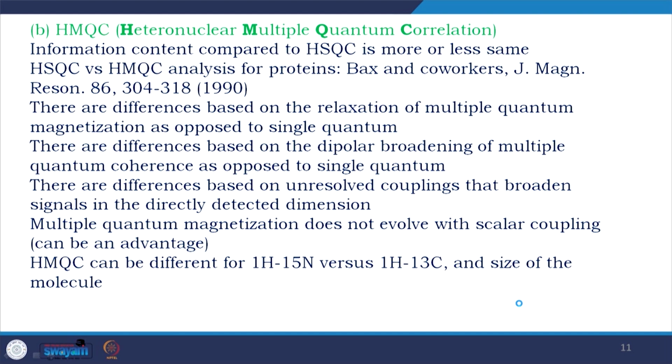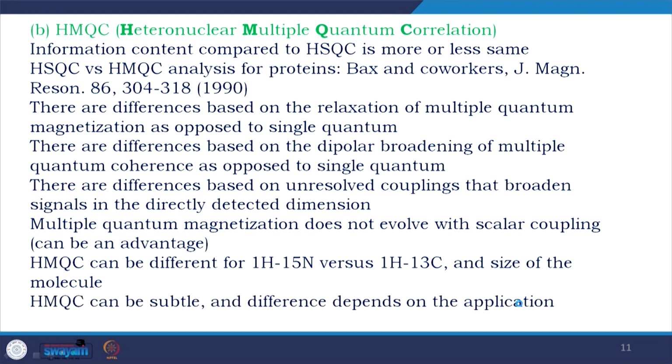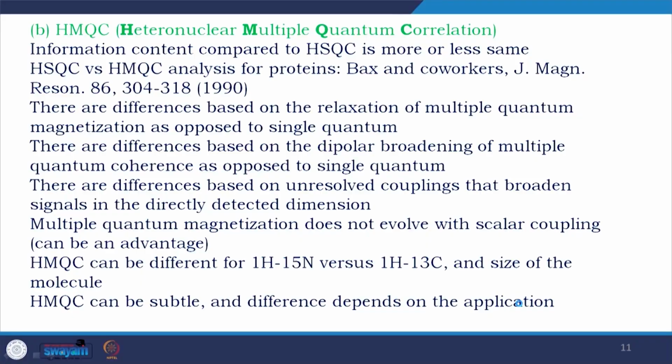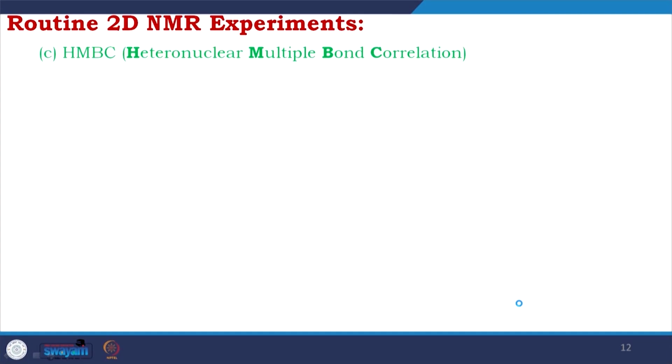HMQC can differ for 1H15N versus 1H13C and with the size of the molecule. HMQC differences can be subtle and depend on the application and how the experimental setup is done. You could get similar but different effective information from HSQC and HMQC.